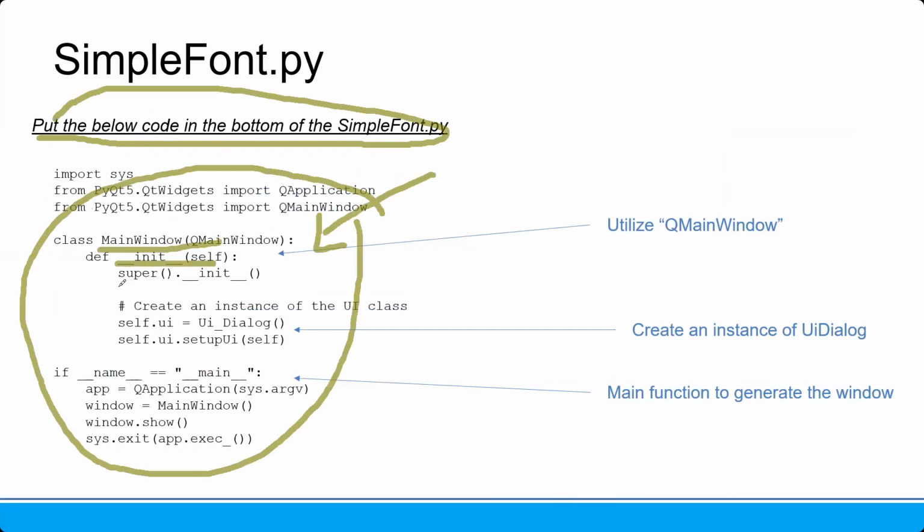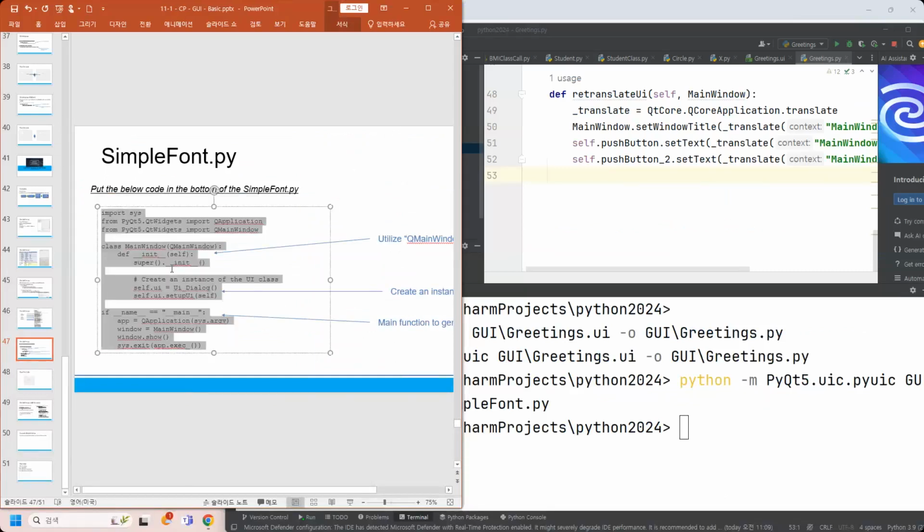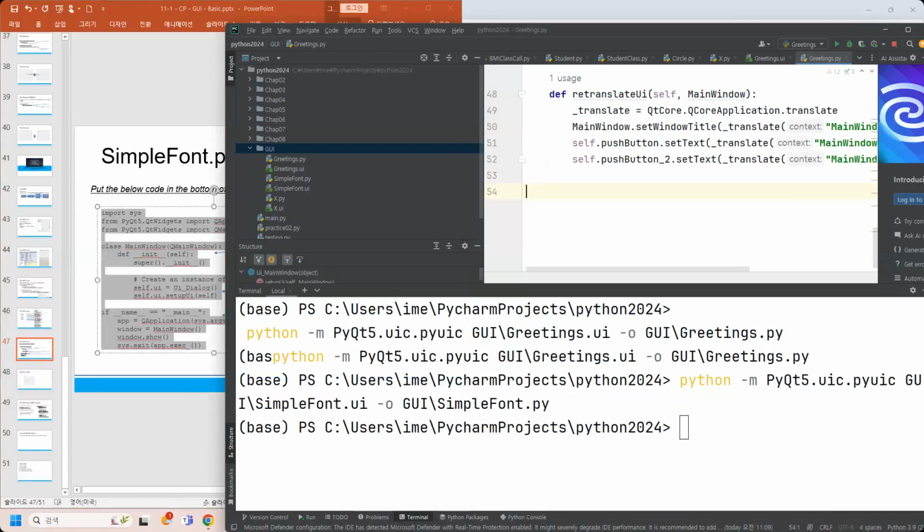I think this is the same for the constructor and for the user dialog, and for the setup it is the same. But later on there will be something different that you should modify according to your project. So let's just copy this one, and then put it below.